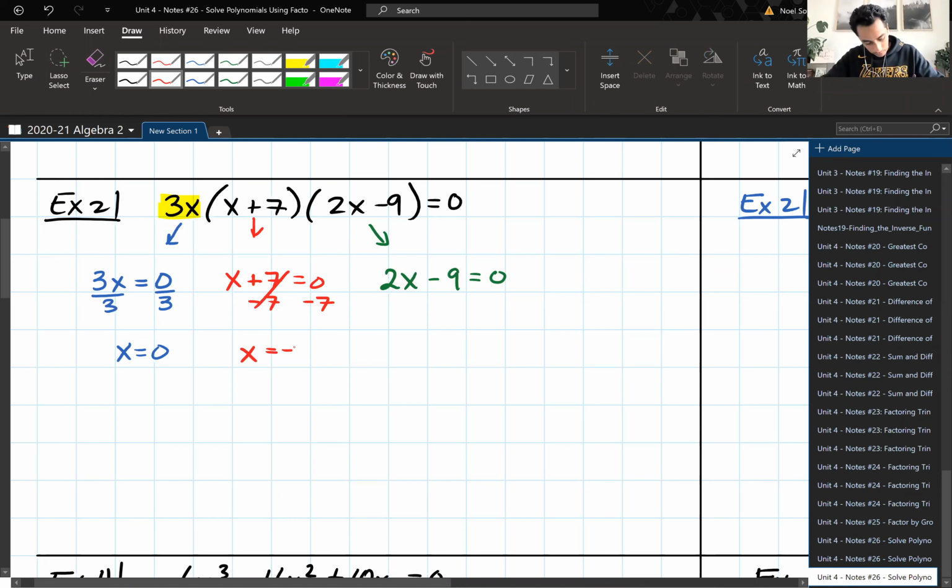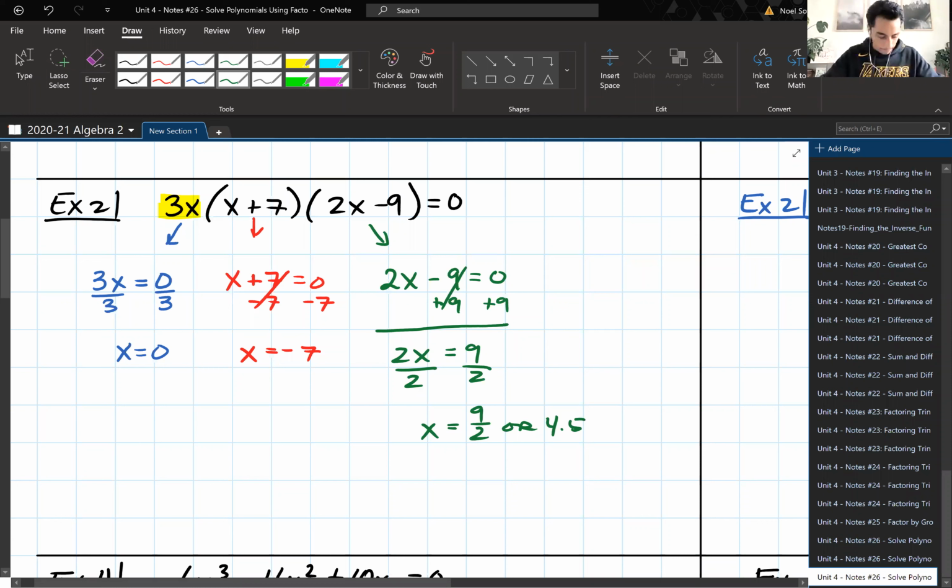So x equals -7. And then for the last one, 2 steps, add 9 first. 2x equals 9, divide both sides by 2. So x equals 9/2, or this could also be 4.5.